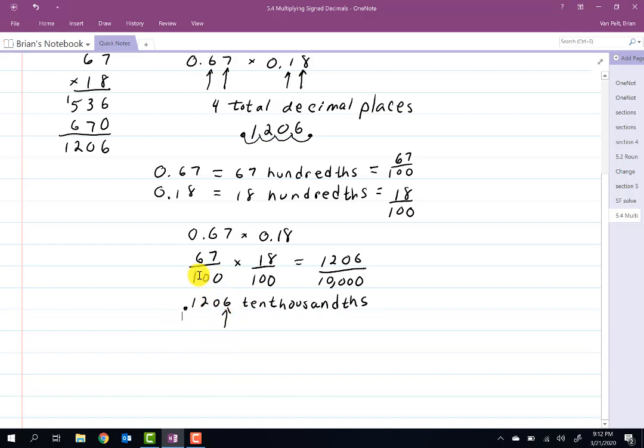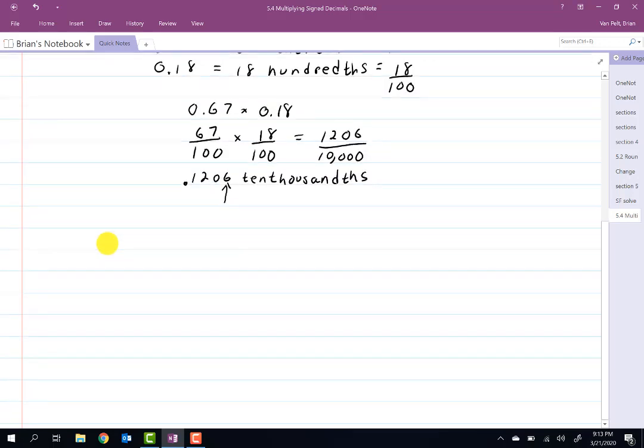This here moves the decimal 2 places. This here moves the decimal 2 places. Altogether, these 4 zeros are the ones responsible for moving the decimal to the left 4 places. Anytime you divide by some sort of a power of 10, you get that happening. A quick example: if I took 25 divided by 10, I get 2.5.